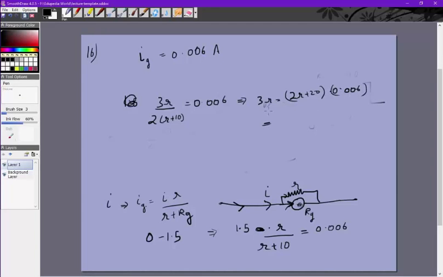Or we can take this to this side, so this will be 3000 by 6, which will be 500. 500r is equal to 2r plus 20, or 498r is equal to 20. Now we are given that r is equal to 2n by 249.